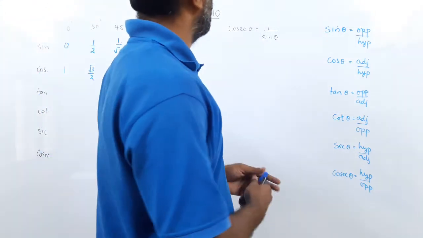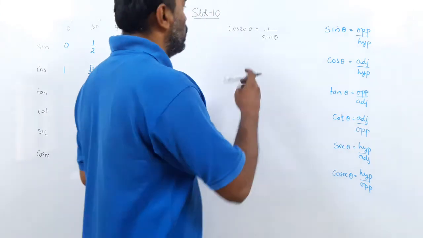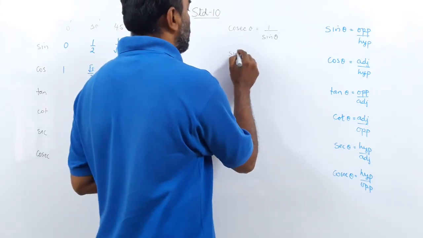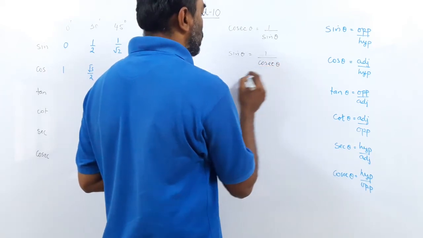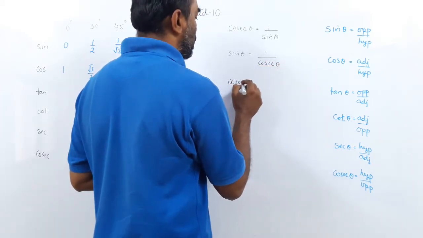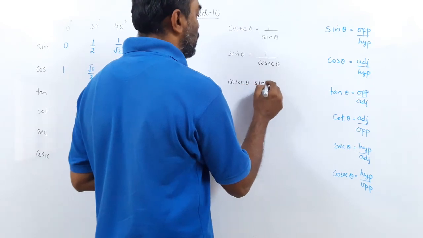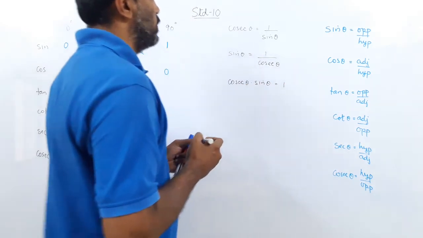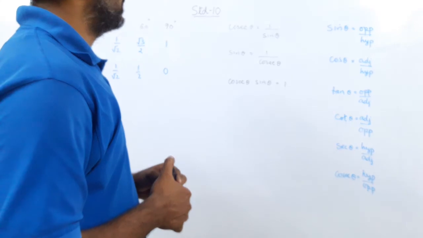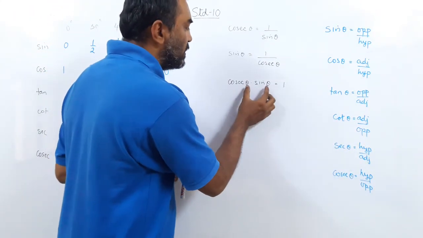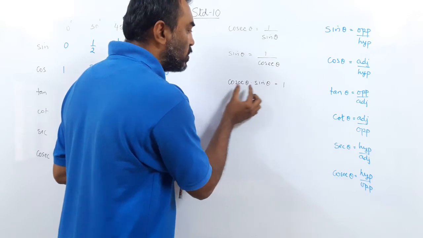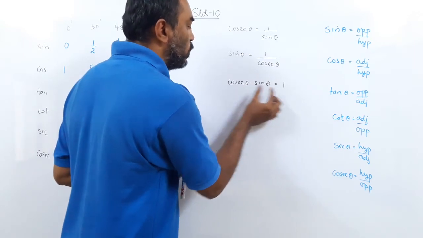Okay? So we have got cosec theta is 1 upon sine theta, or we can even write sine theta is equal to 1 upon cosec theta. Either way, they are reciprocals, or cosec theta into sine theta will always give us 1, because they are reciprocals. But remember, don't only see cosec and sine, see the angles also. Cosec theta into sine theta equal to 1.